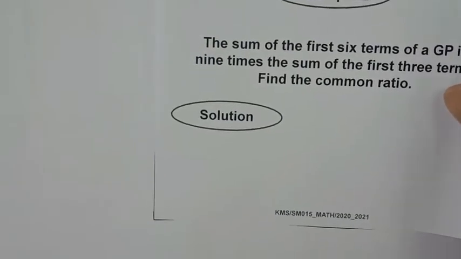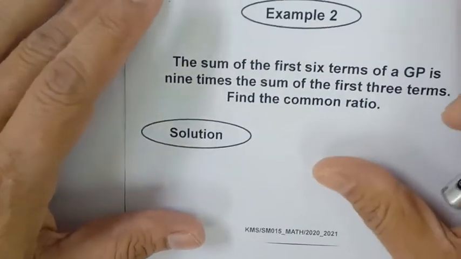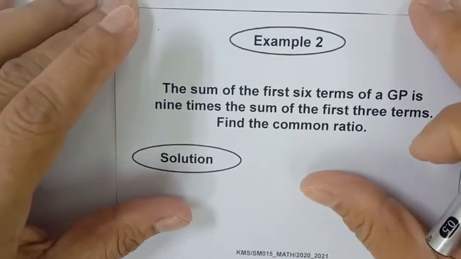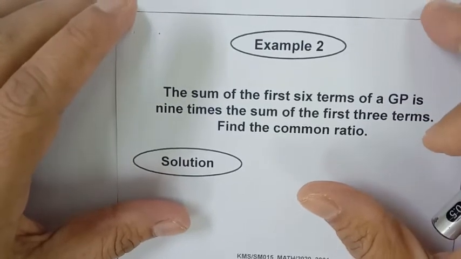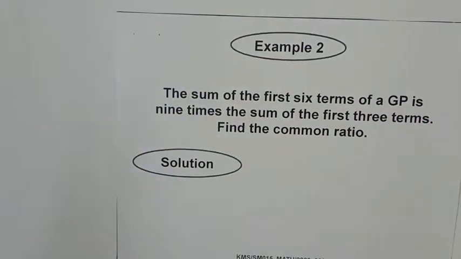Next we go to example 2. Question example 2. The sum of the first six terms of a GP, or geometric progression, is 9 times the sum of the first 3 terms.